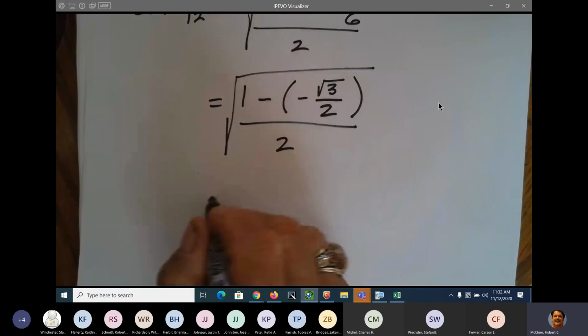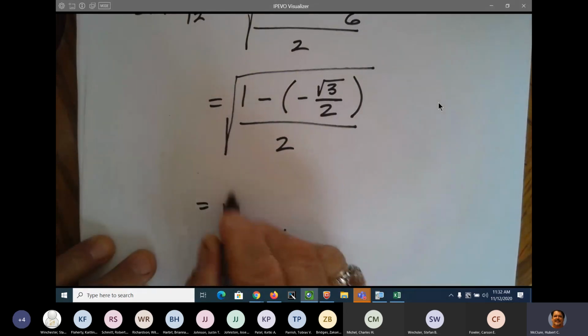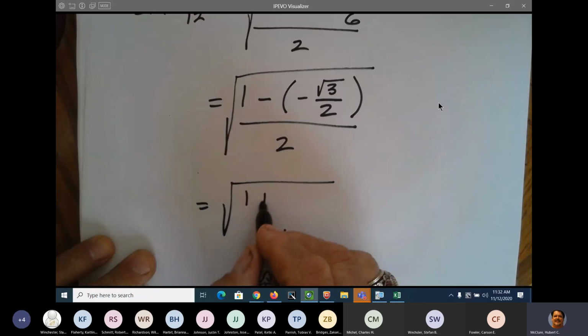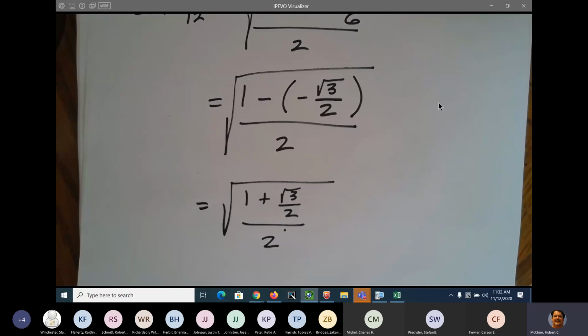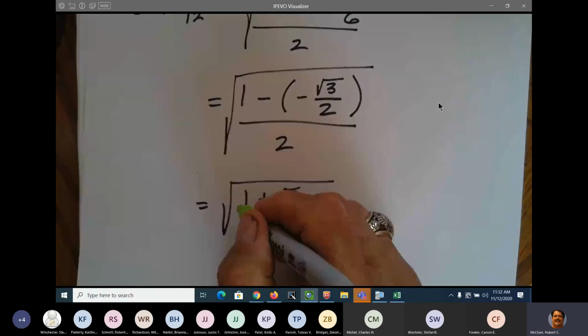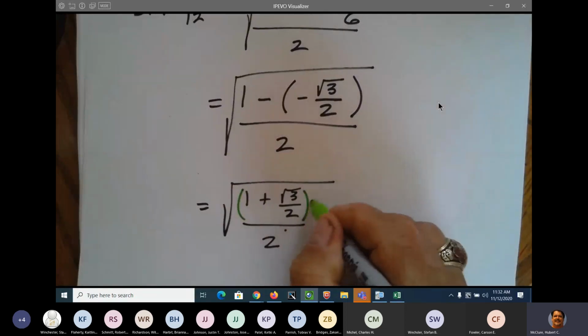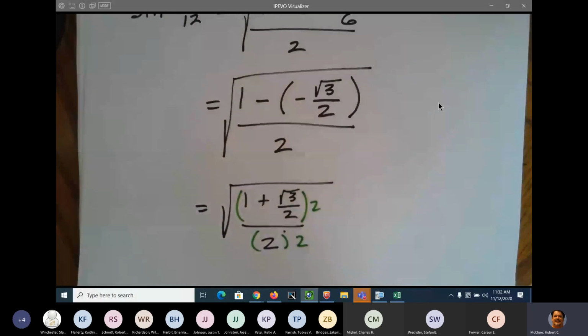And that's going to be equal to the square root of 1 plus the square root of 3 over 2, over 2. And we need to multiply by 4, because that's going to give us 2 here and 2 here.